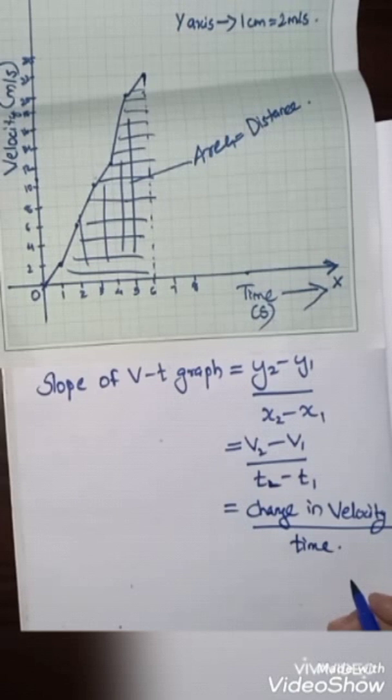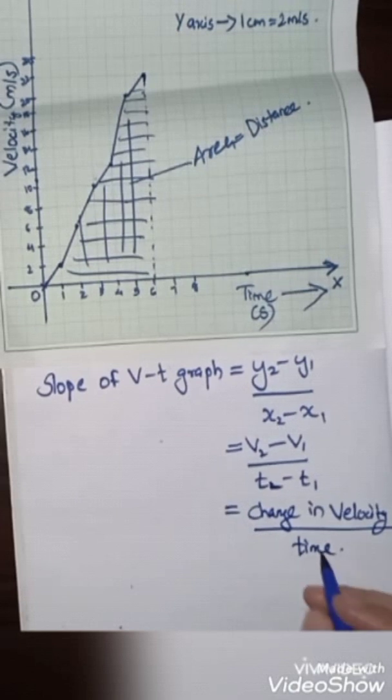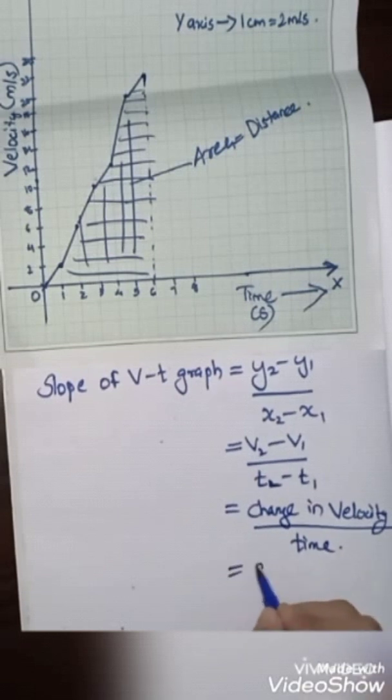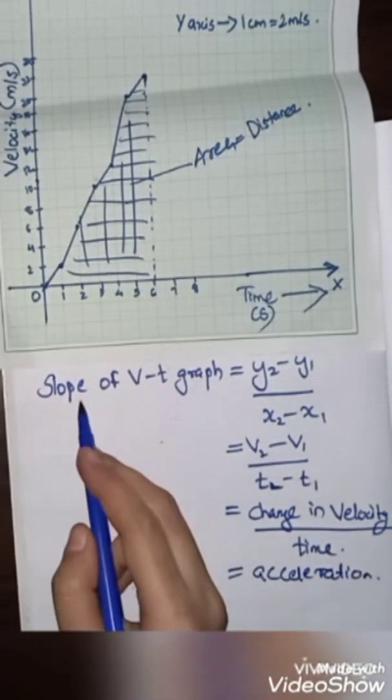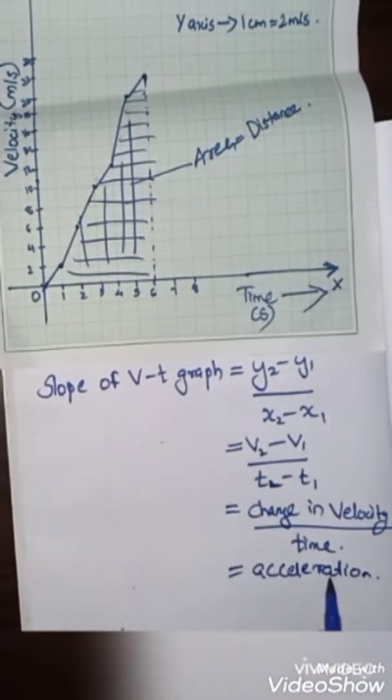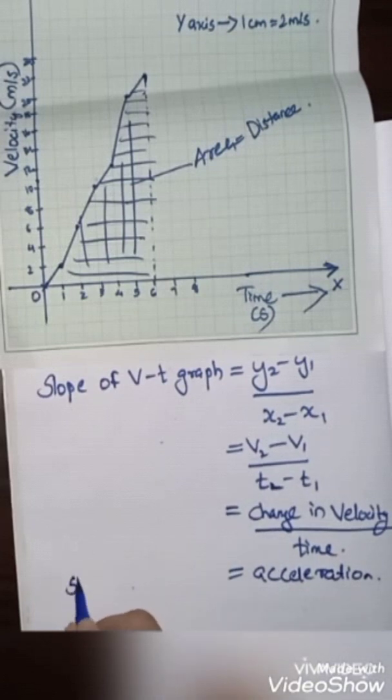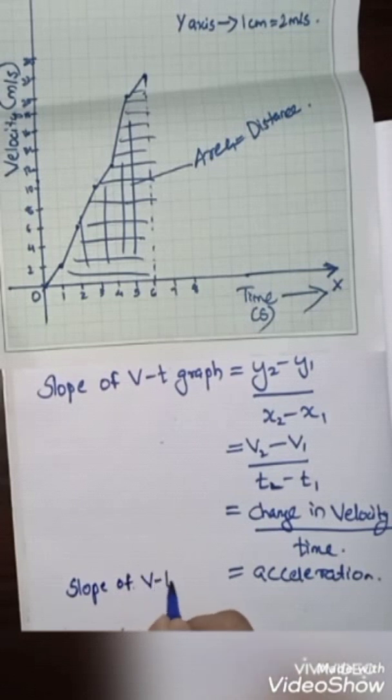Acceleration is the rate of change of velocity, that is change of velocity by time. So it is equal to acceleration. Otherwise, we can say that the slope of the VT graph is equal to acceleration. By calculating the slope of the velocity time graph, we get the acceleration.